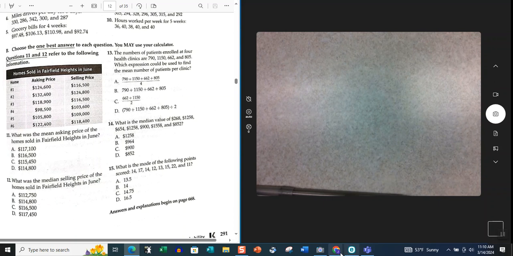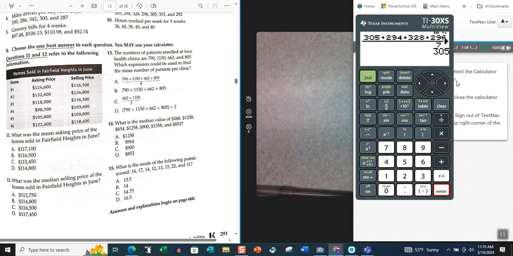So we'll take our calculator, press N over D, and they said the mean asking price.